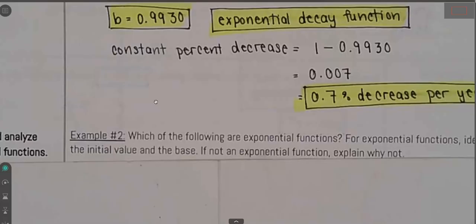So if the answer is yes, give me the initial value, that's A, and the base, that's B. If the answer is no, explain. You don't have to write a paragraph, just a quick explanation. All right, and when you have all 5, please hold up your board. I'll give you 1 point for each one you get correct.